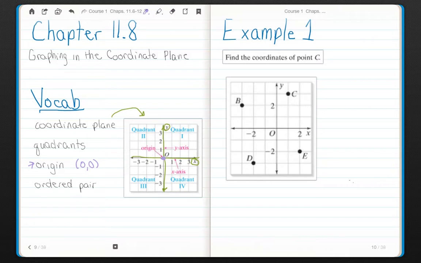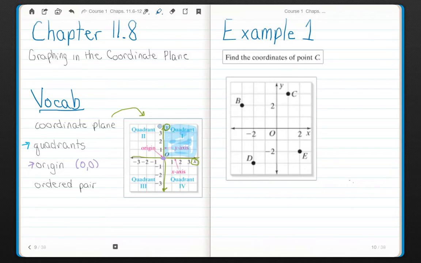Now, the two intersecting number lines form four sections, and we call those sections quadrants. So starting up here, this is quadrant 1, all of this area right here.